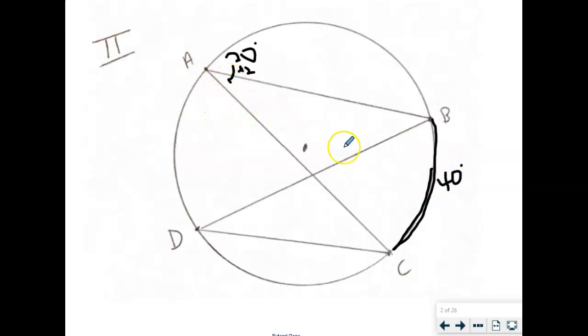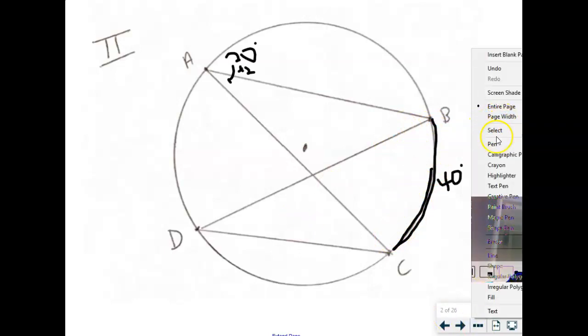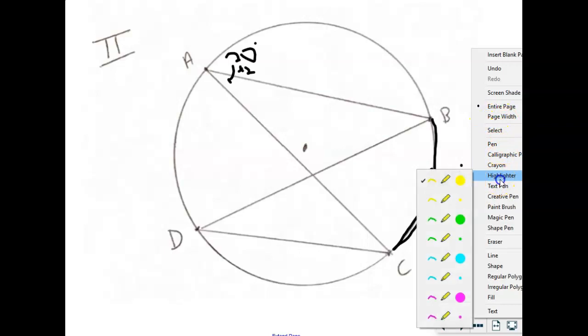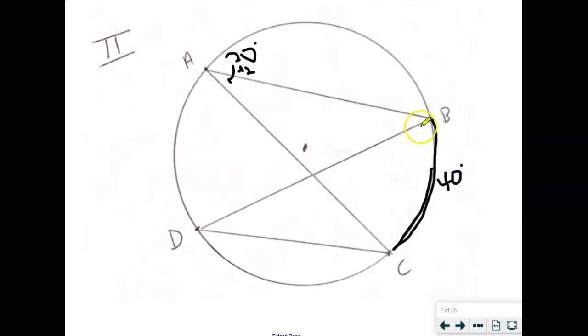But look what else is going on here. Since this is 20 and it's going to arc BC, look at angle D. Angle D is also going to arc BC. Let's see if I can get a different color here to highlight it. So here is angle D, and it is going to arc BC.